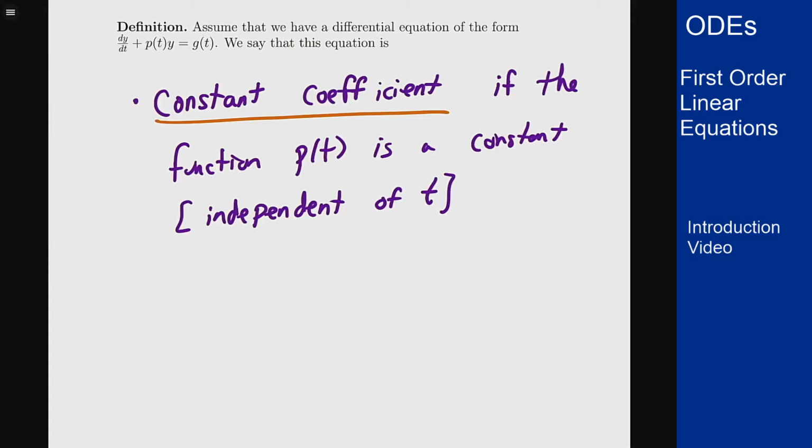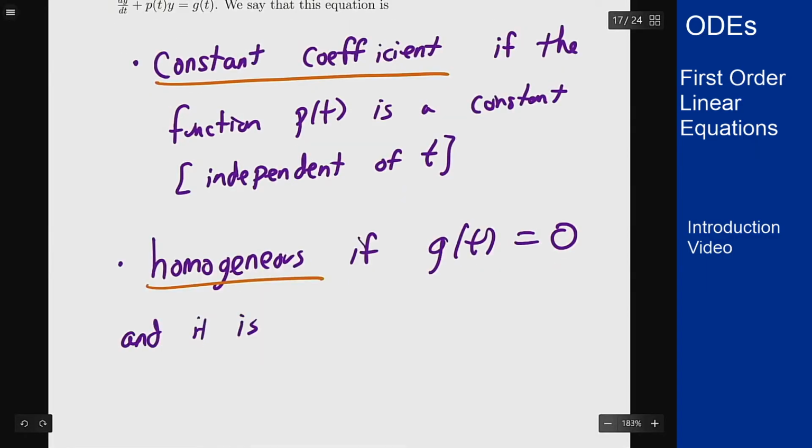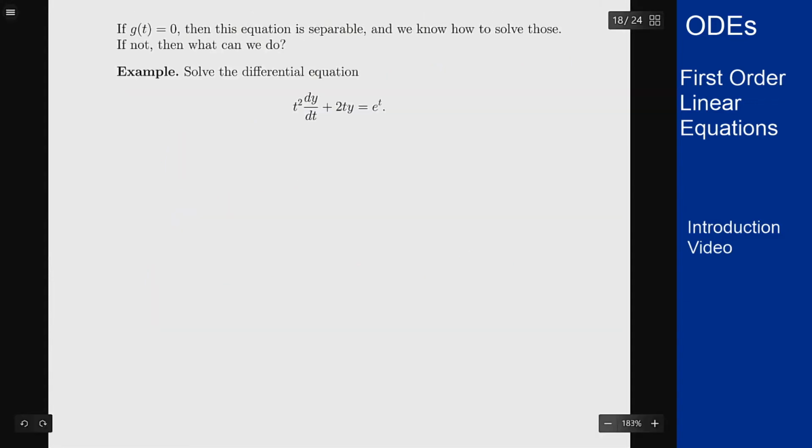We say that it is homogeneous if this right-hand side function g of t is 0, and it is non-homogeneous otherwise. We'll see these equations have slightly different properties, but we just want these words to talk about them as we go forward.